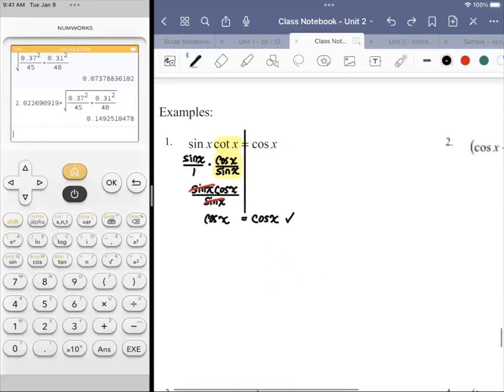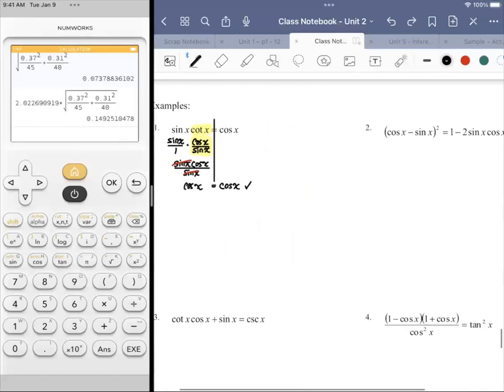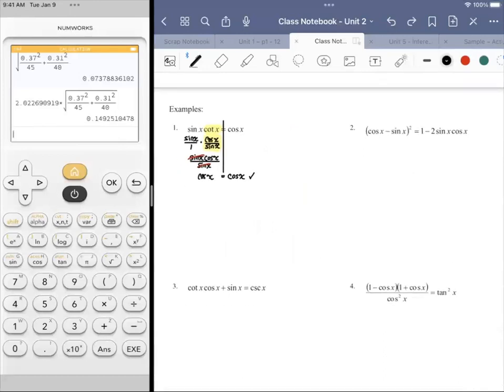So number 2, right out of the frying pan into the fire here. We tend to try to work one side of the equation and go as far as you can with that before moving on to the other side.